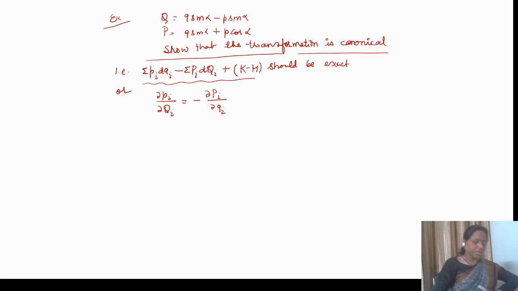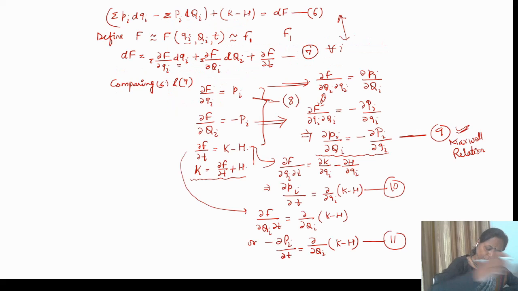It simply means that you need small p and capital P in terms of small q and capital Q, so that I may put this relation over here. And secondly, what was the condition? This was the condition: delta pi delta t should be equal to this much.